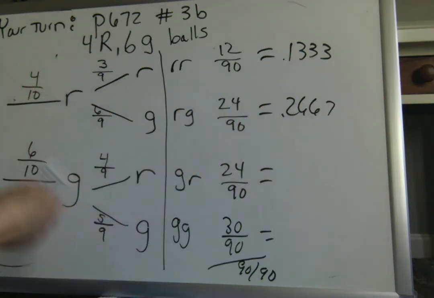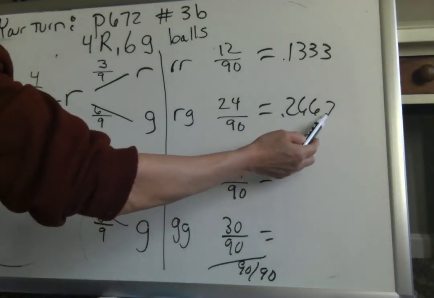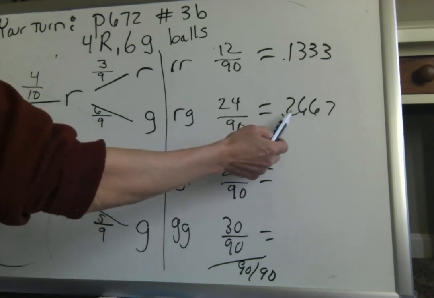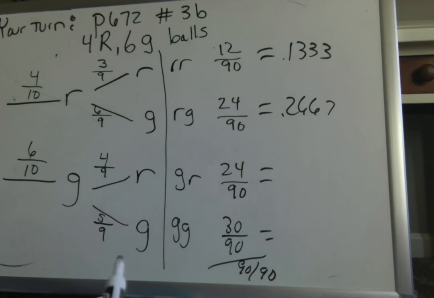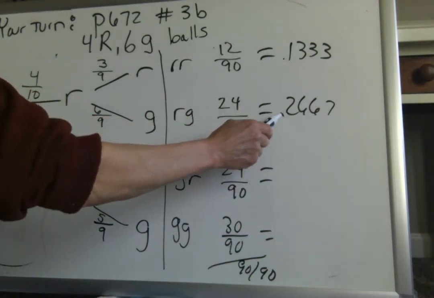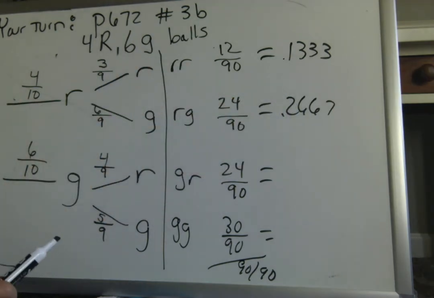Because I want 4 decimal places for probabilities. So make sure you're rounding that to 0.2667. Of course, you could change that to 26.67%. That is not 27%, and it never will be in my class. If you want, you can say 26.67%, or you can leave it in decimal form.